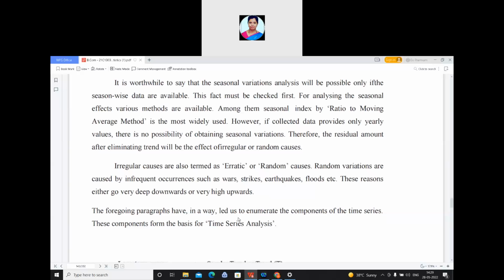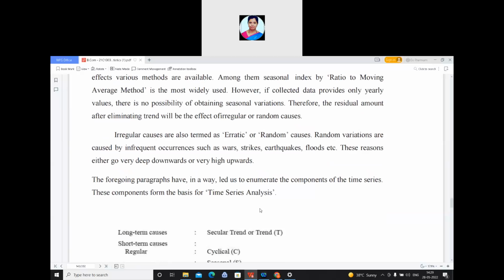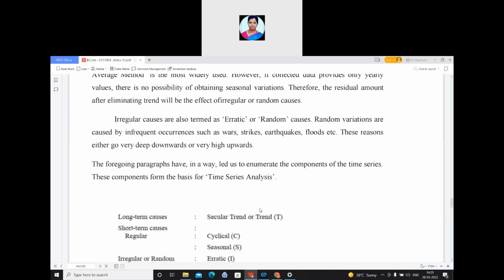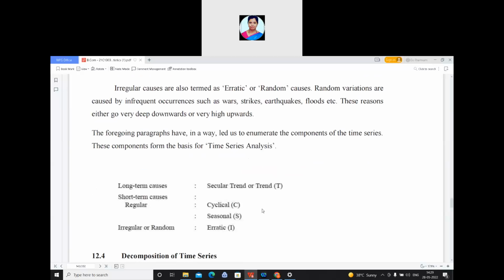From the foregoing paragraphs, we have seen the types of time series components. Let us recall what we have seen.